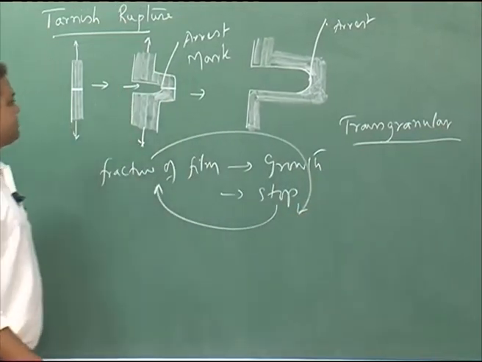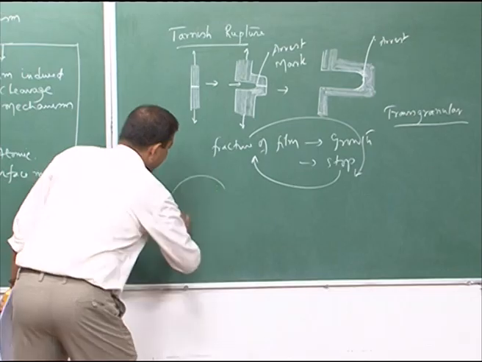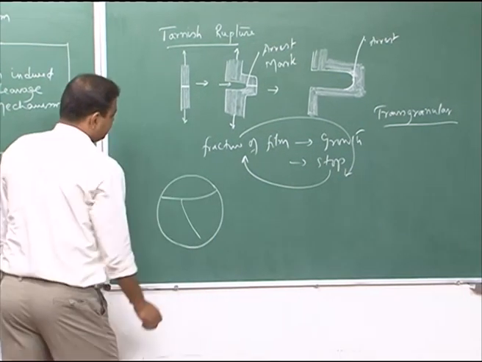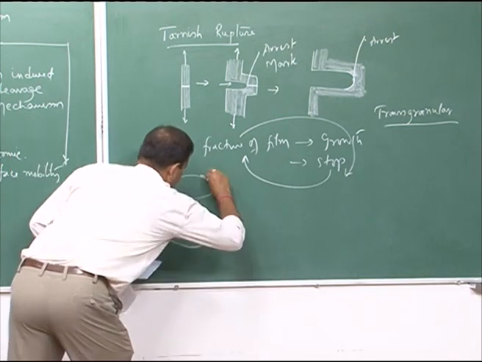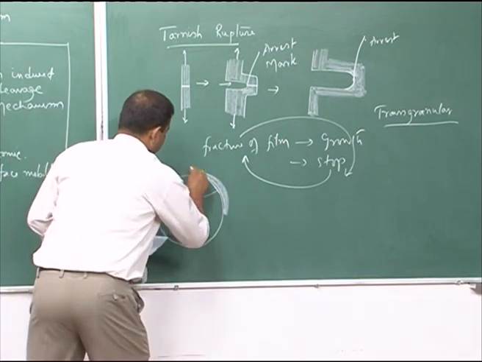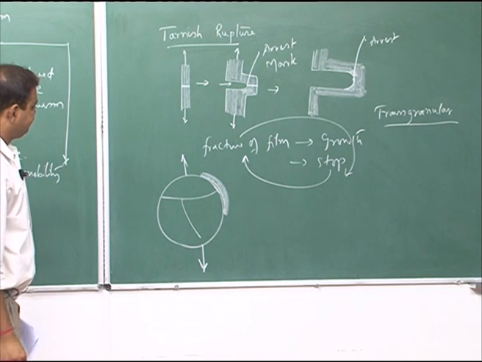In order to explain intergranularity through this mechanism, what happens if you have these grain boundaries? Now, here you have passive film, and this is under tension.